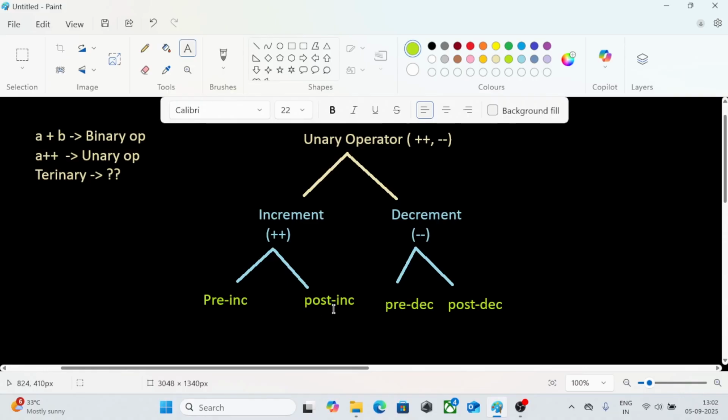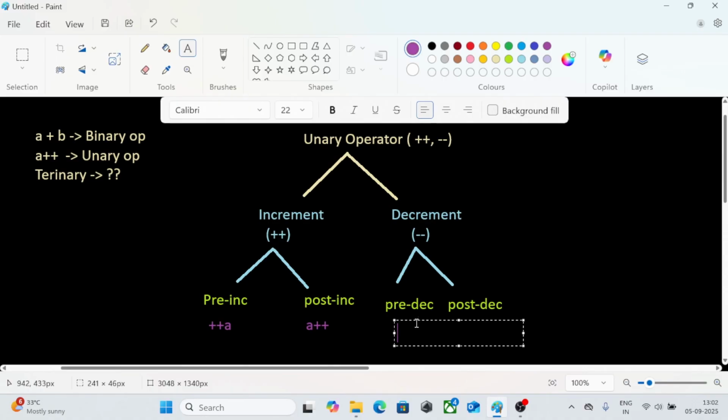These are not divided into further subparts. Let us dive deeply into pre-increment, post-increment, pre-decrement, post-decrement. Pre-increment means the symbol is given first, priority goes to the operator. Post-increment means after the operand we give the operator.